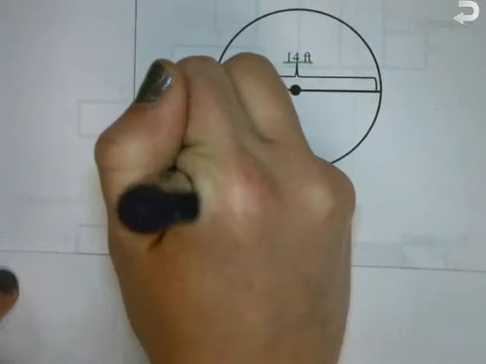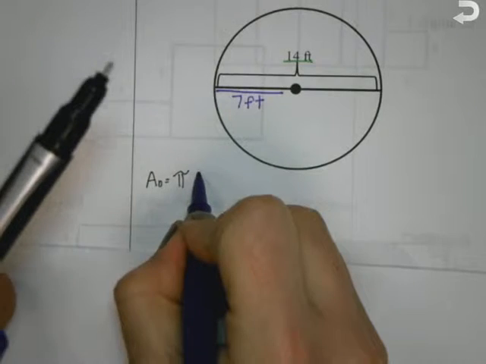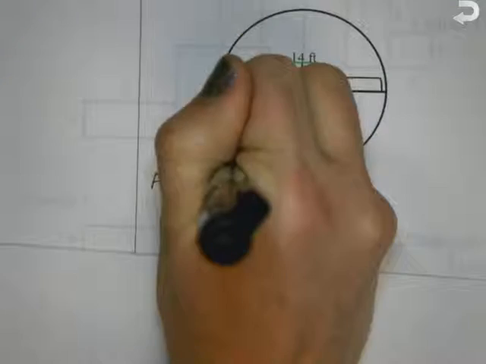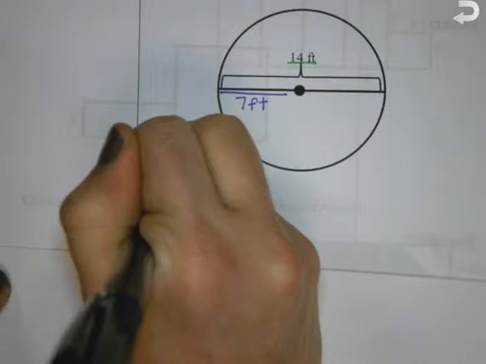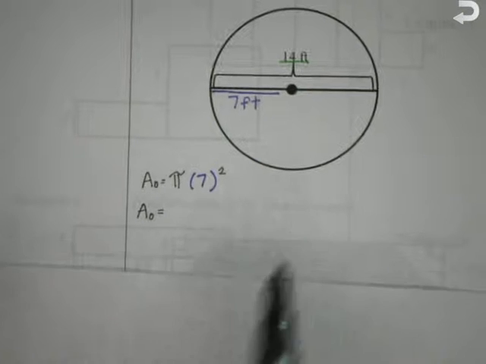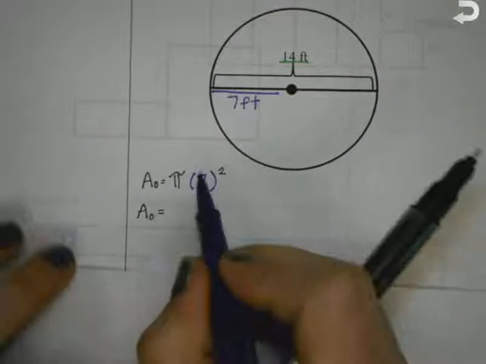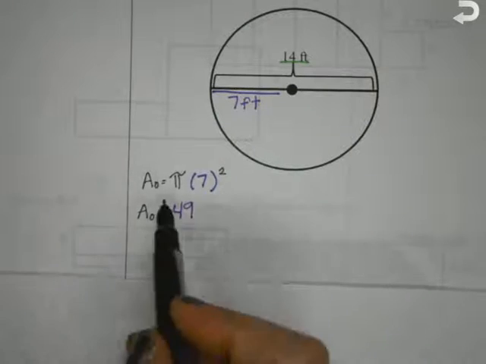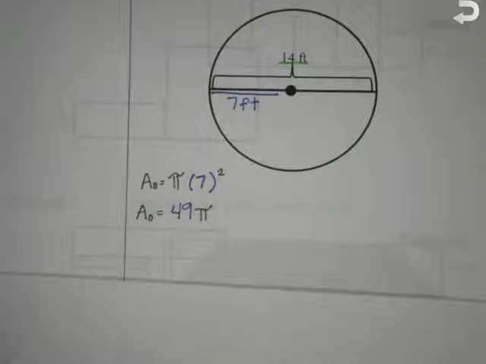Good. 7 times 7 gives me 49 pi. So area of my circle is 49 pi feet. And whenever I'm taking area, I raise that to the second power. So my area is 49 pi feet squared. And that's an acceptable answer.